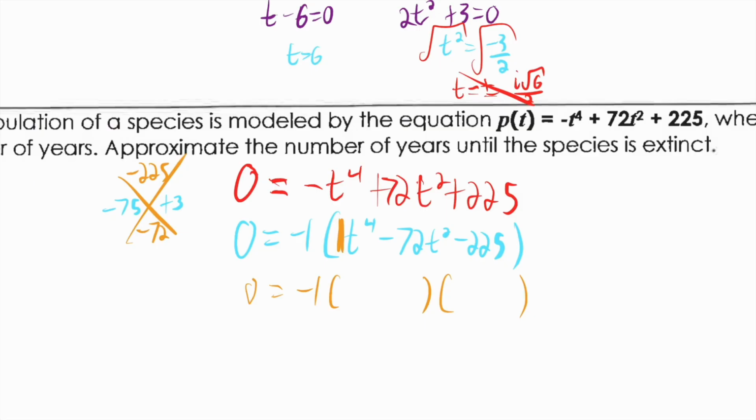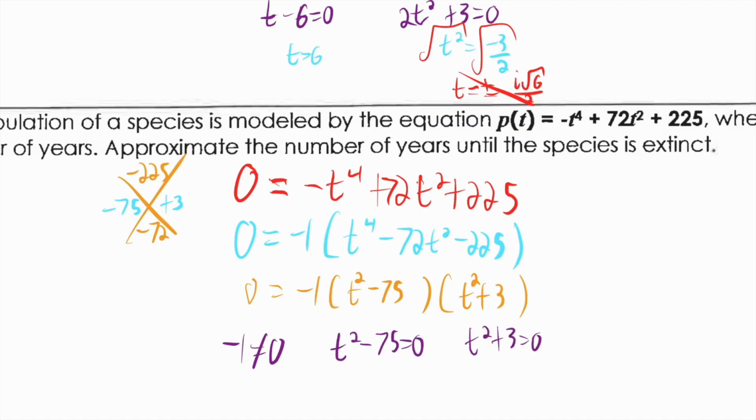So that would give me t squared minus 75 and t squared plus 3, because it's half of that exponent. Now I can set each of these equal to 0. -1 cannot equal 0, so I can move on. t squared minus 75 equals 0, and t squared plus 3 equals 0.